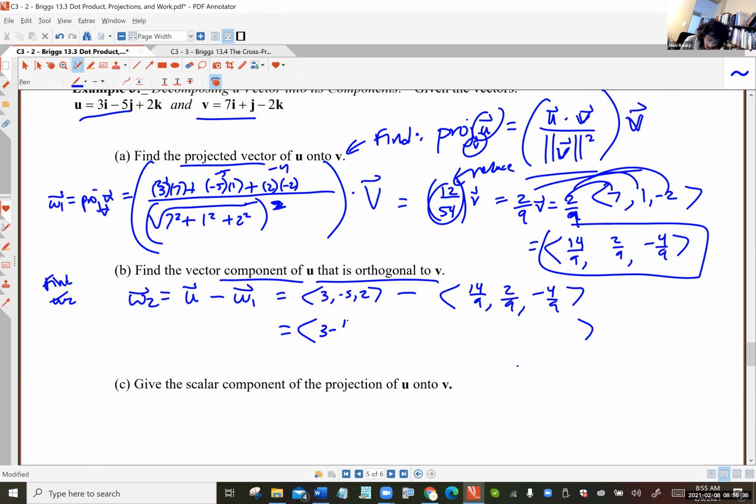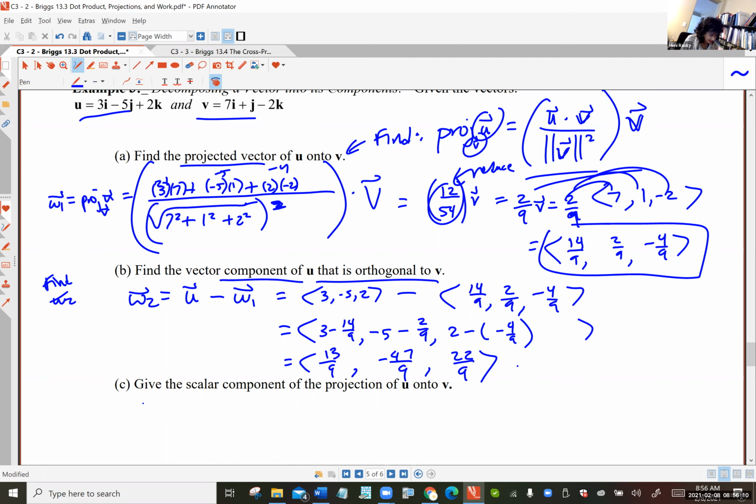We'll simply take the difference of the x components and then the y components and then the z components. And then we do a little bit of arithmetic. I usually use my calculator with the fraction command on it because I don't want decimals. I like fractions: -47/9, and then I think this is 22/9. Okay, so there's our w2.